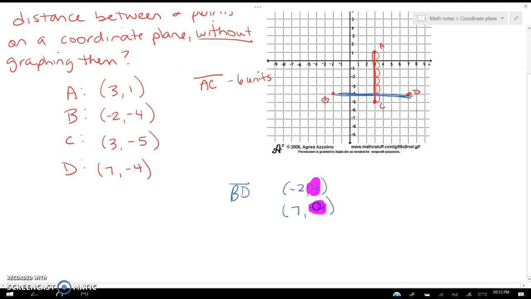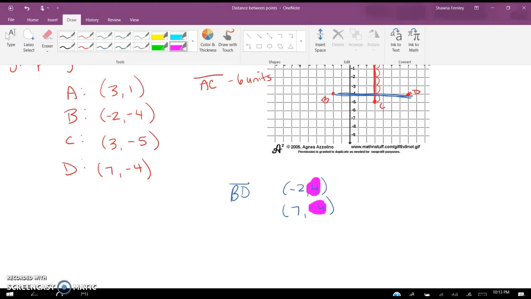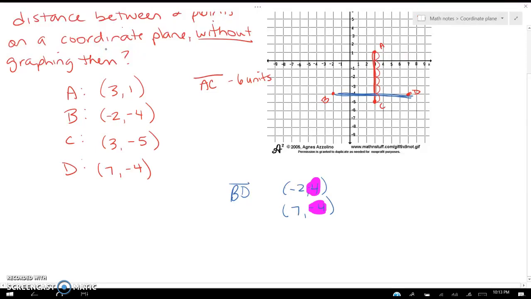This is -4, this is -4. So the only thing I need to do then, when I'm looking to find the distance between these numbers, is look here. Okay, so now I just want to find the distance between -2 on a number line and +7.